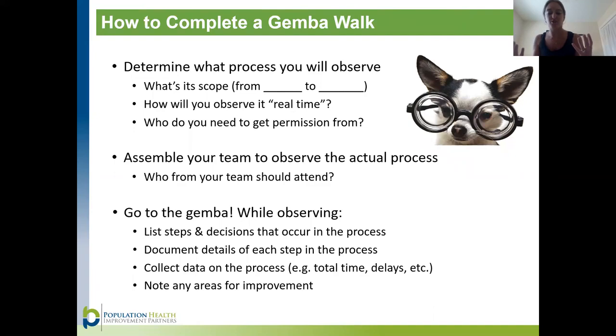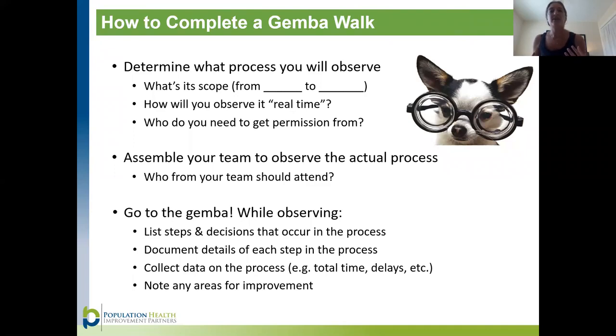You may want to follow the discharge coordinator and observe that process. If you're looking at transitioning from pediatric to adult care and you're interested in a specific visit where a lot of that information exchange happens, you may want to see if you can follow a few patients during that visit to get that real-time observation.